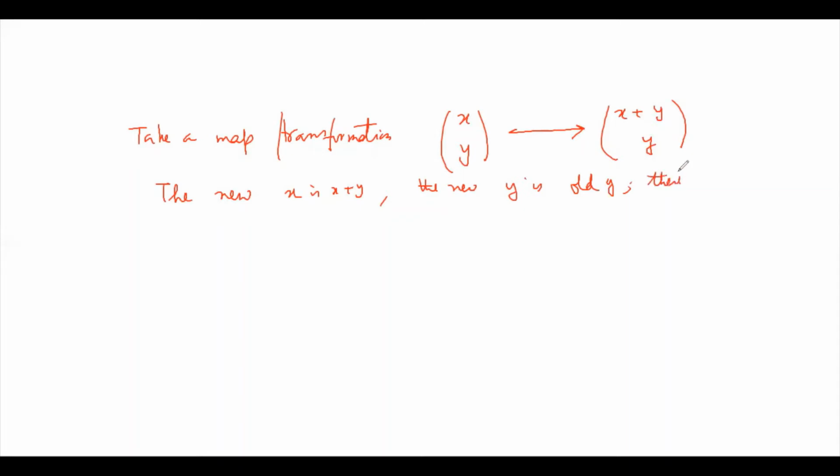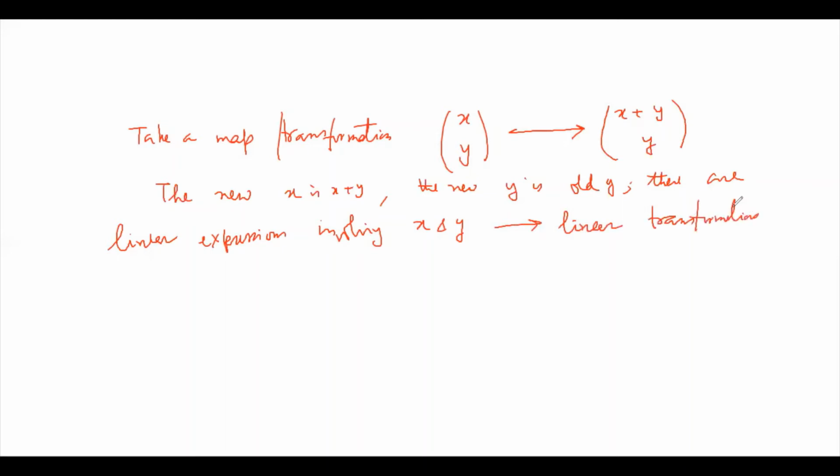These are linear expressions involving x and y, and these are called linear transformations. Let me give an example of (x, y) going to (x squared, y). This is not a linear transformation.